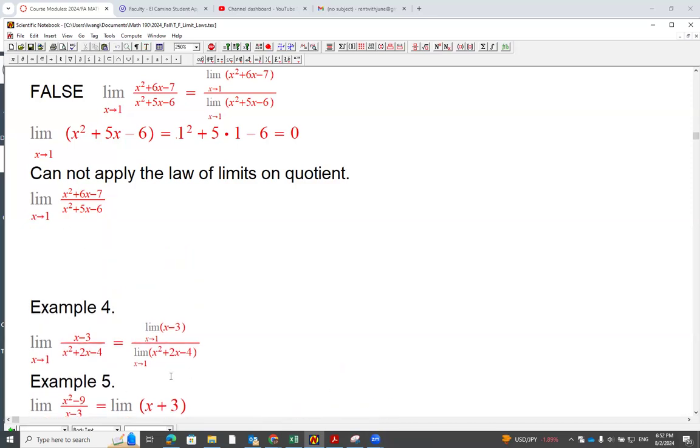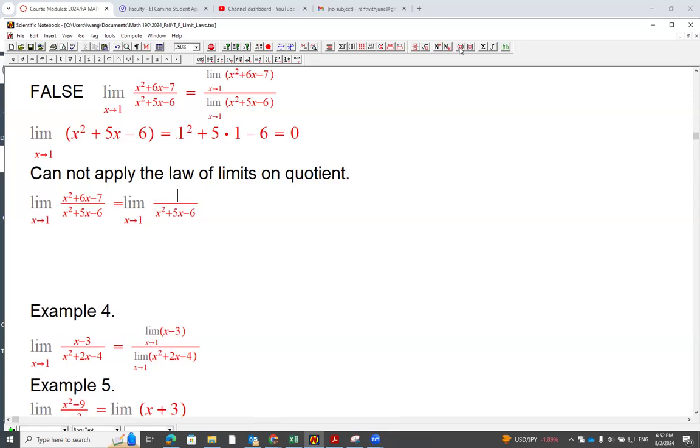We cannot apply the limit law on quotient, but we can still factor this. If we factor the numerator and denominator, on the top it is going to be x plus 7 times x minus 1, I believe.